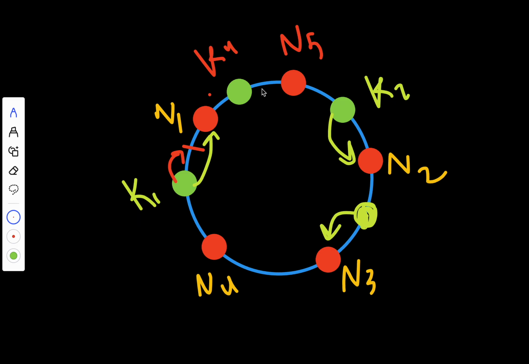If you add this N5, all the data that falls between N1 and N2 will need to be migrated. If we have no N5, key 4 will be stored in N2, but when we add N5, key 4 will be stored in N5. So the items mapped to N2 that fall in this position will map to N5. This localized movement is what makes consistent hashing so powerful for dynamic environments.